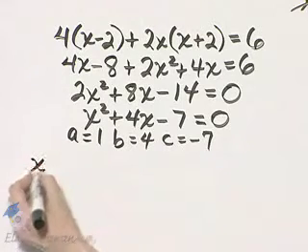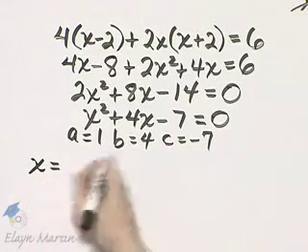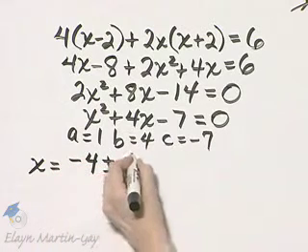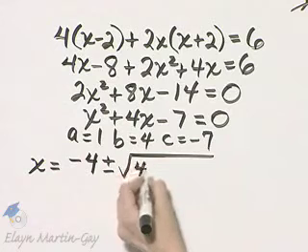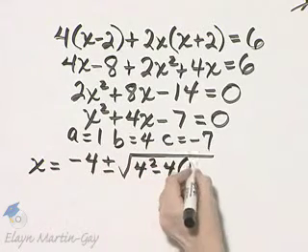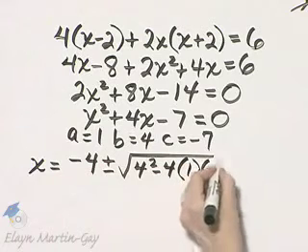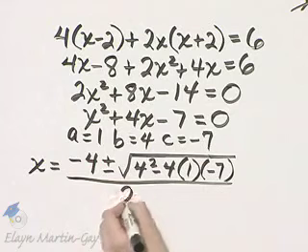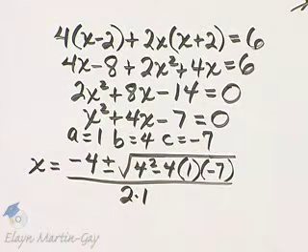So x is equal to the opposite of b plus or minus the square root of b squared minus 4 times a is 1 times c is negative 7 all over 2 times a, which is 1.